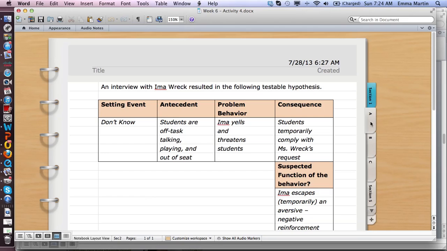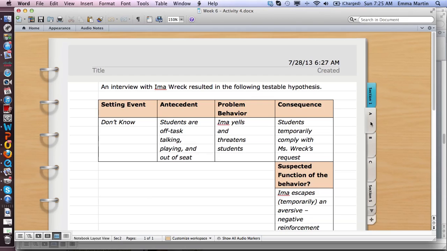Students would then quiet down and comply temporarily, because she often did not acknowledge the fact that students were quiet. When students quieted down temporarily, Ima escaped an aversive, which was the noise, the chaos in the classroom. So she was negatively reinforced.